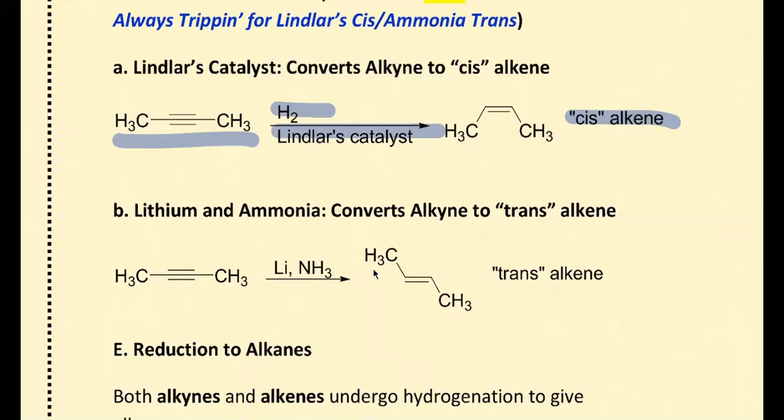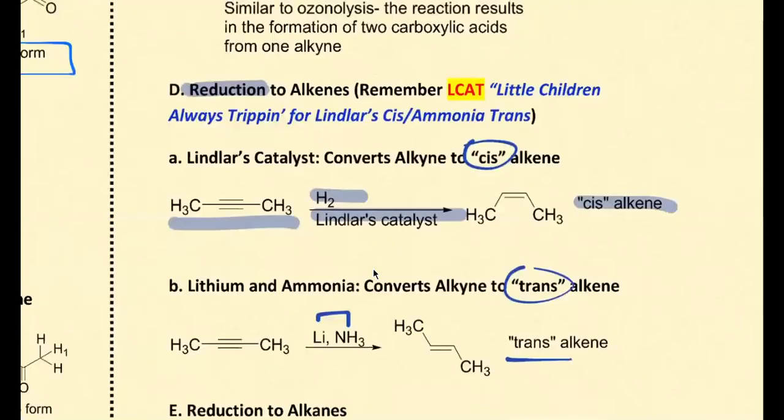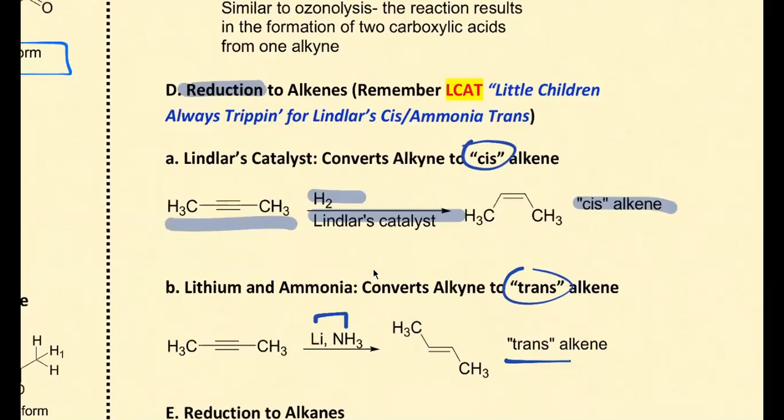And then if you want to make the trans alkene, just change the reagents. It's lithium and ammonia, right? To make the trans. So if you take the alkyne and react it in the presence of lithium and ammonia, you're going to get the trans alkene. And so I have a mnemonic up here to help you remember that, right?